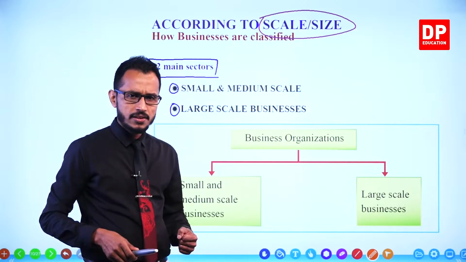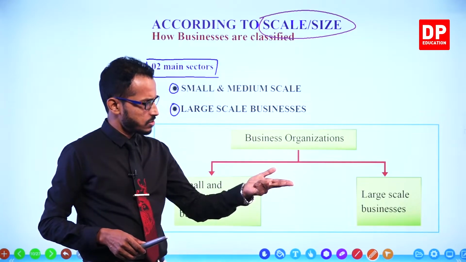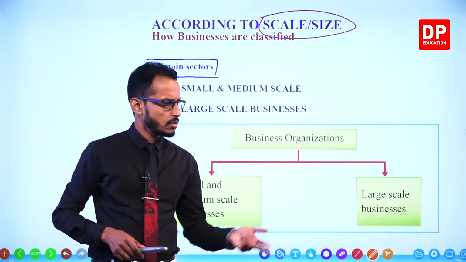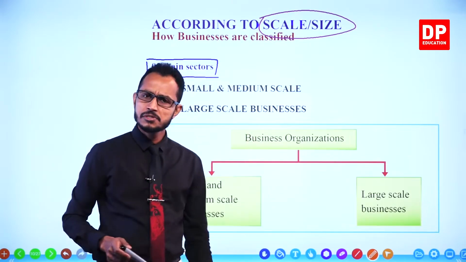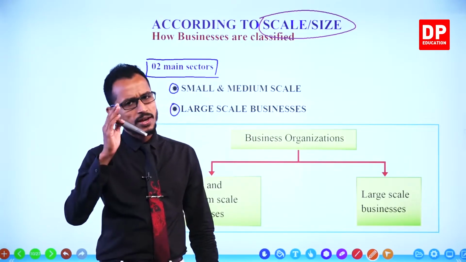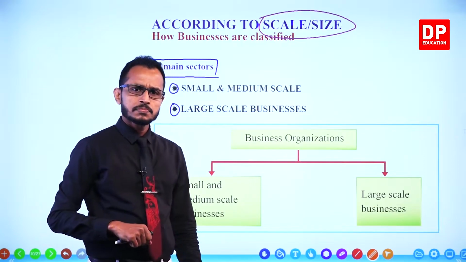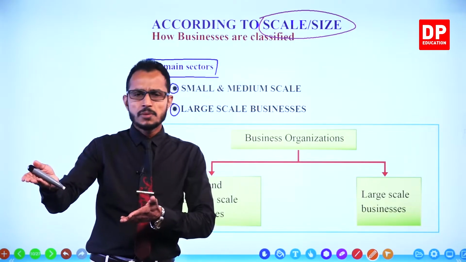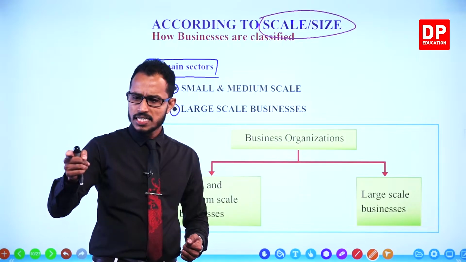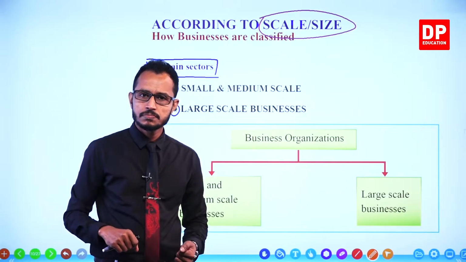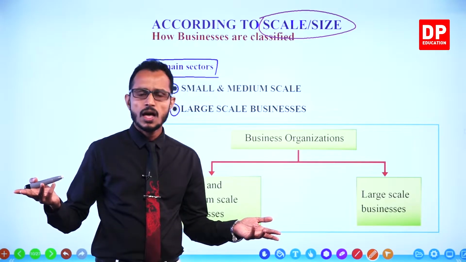How do you decide, by looking at a business, whether that's a small scale business? How can you decide? Or by looking at another business, how can you decide that it's a large scale business? How?